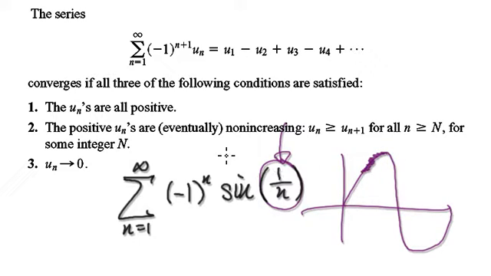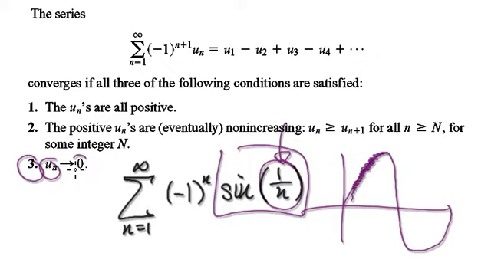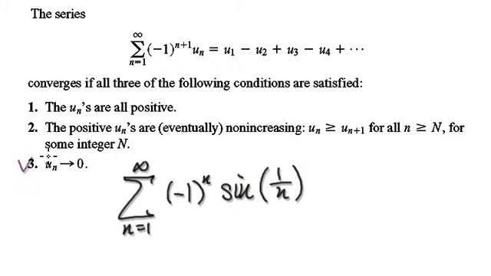So you can see that the whole thing is heading towards 0. So this is true: u_n is indeed heading towards 0. So number 3 is true.